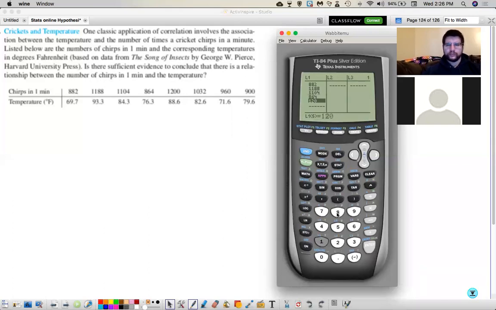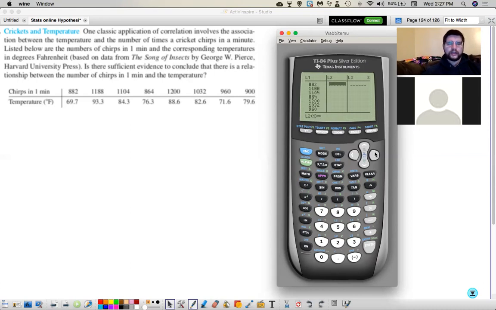Oops. There we go. 1032, 960, and 900. Okay, so that's 8 values. 1, 2, 3, 4, 5, 6, 7, 8. Good.